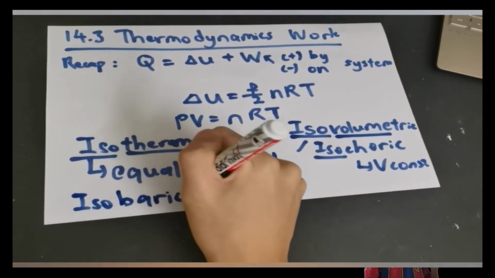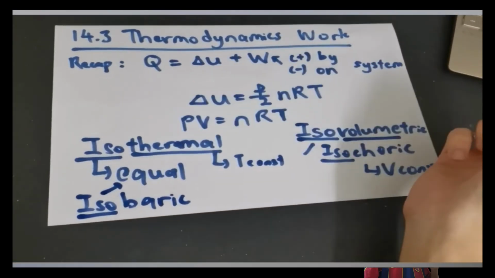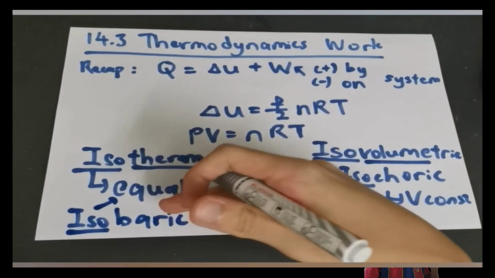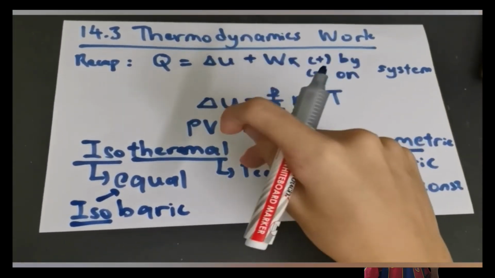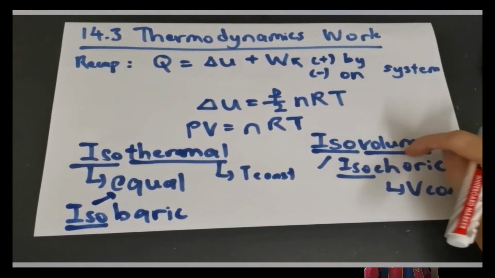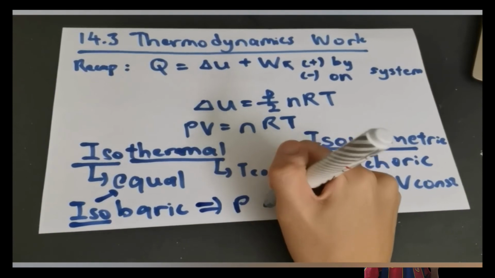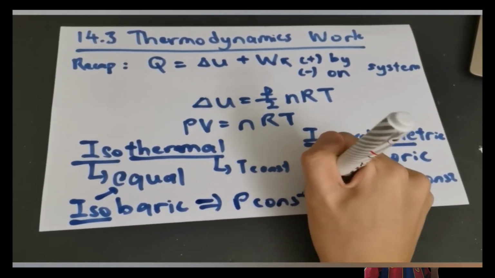So isobaric, iso we can clearly see equal, but baric, there's no shortcut way to remember, so just remember T we already used. Then the isovolumetric we already used the volume. So left the last one, P, pressure constant.